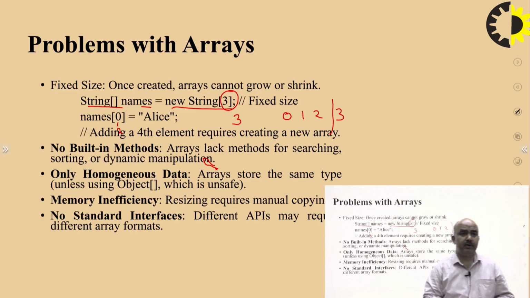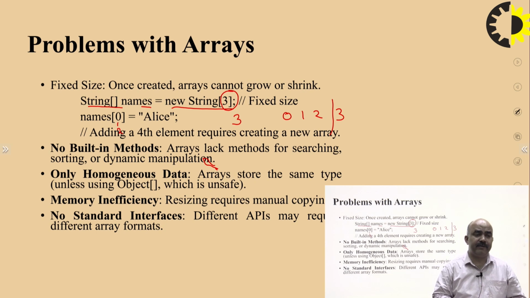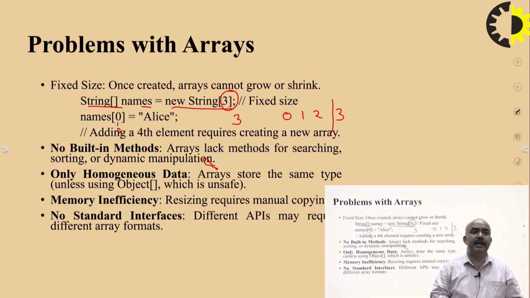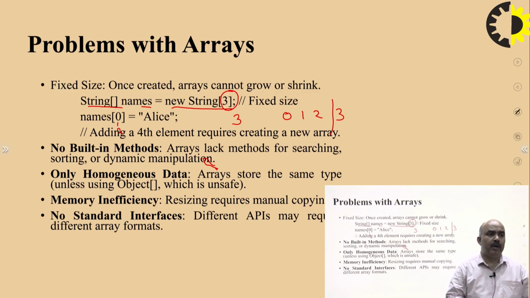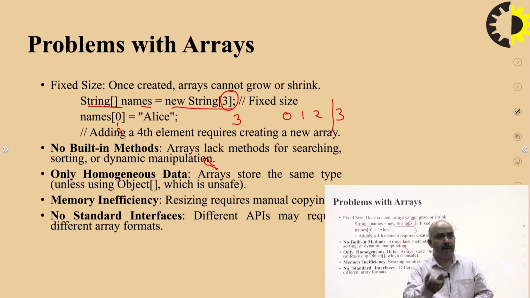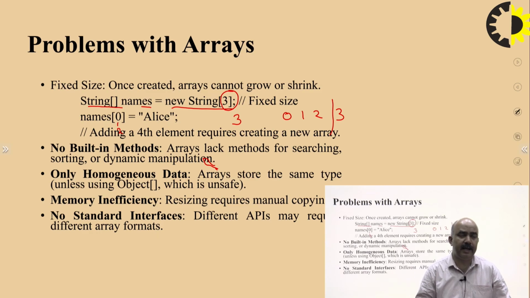Array stores the same type of data unless using Object, which is unsafe. Then there is memory inefficiency: to resize, we require manual copying of the array. There is also no standard interface, so different APIs may be required for different array formats. These are the basic problems that we face with arrays.